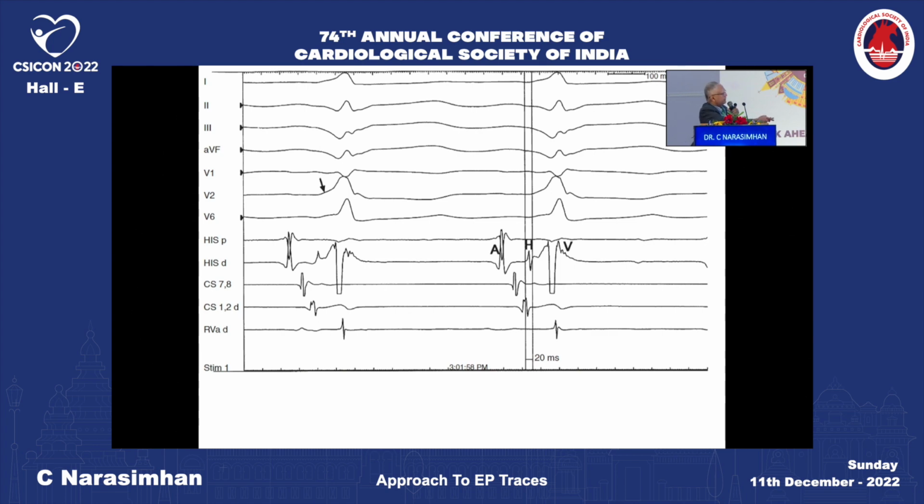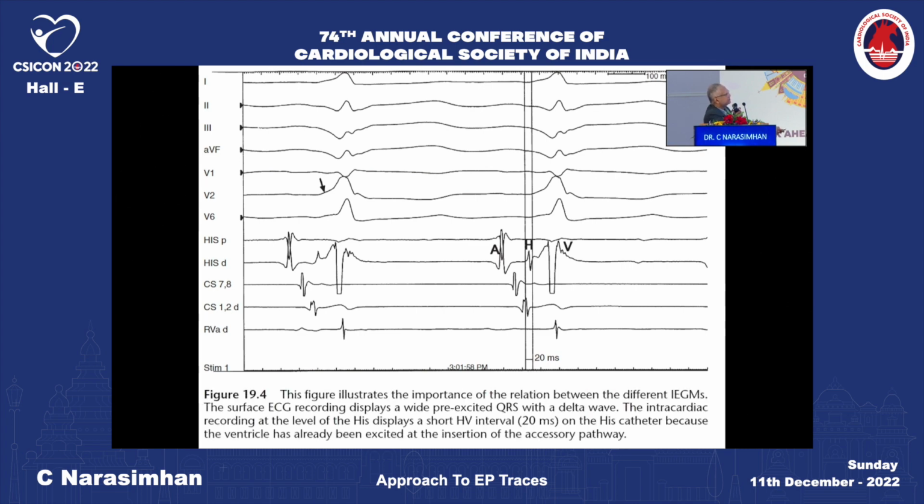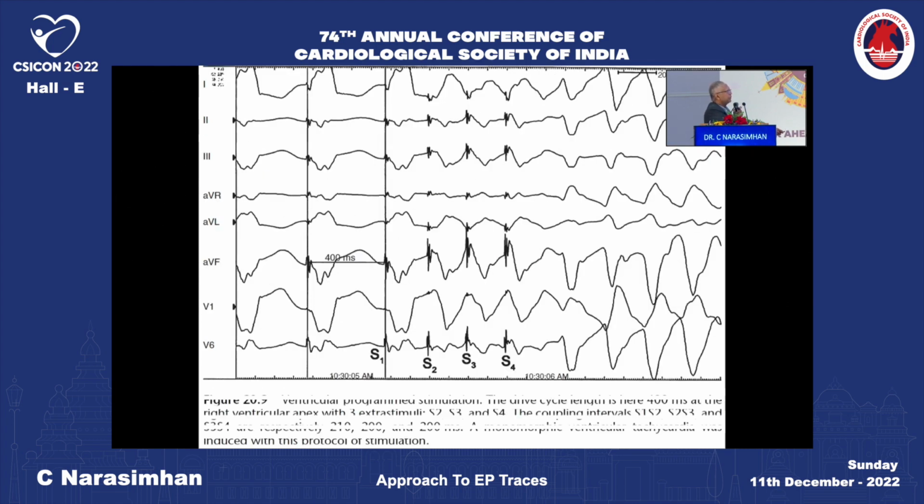Here, before it reached the ventricle through the physiological His bundle, there is an extra pathway, the accessory pathway, resulting in this delta wave and a very early ventricular activation. And then you move the catheter. For example, here 1-2 happens to be earlier compared to the other catheters. So that is how you map where it is coming from.